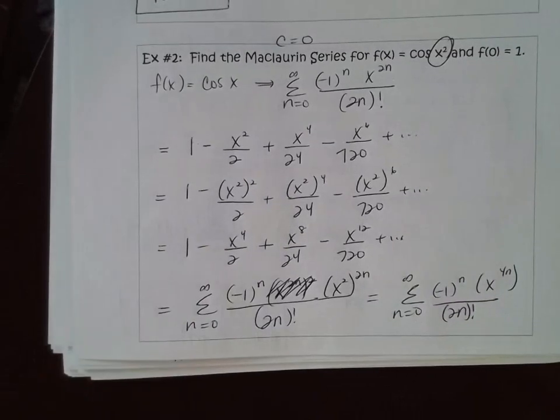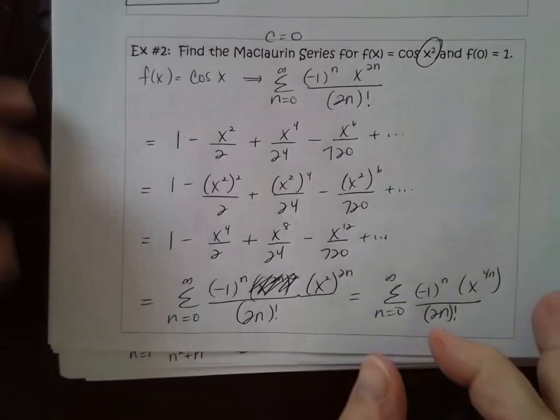And that's just a shortcut way to come up with a formula without having to do all of the derivatives, finding the patterns, and so on and so forth. You are unlikely to be tested on something like that.